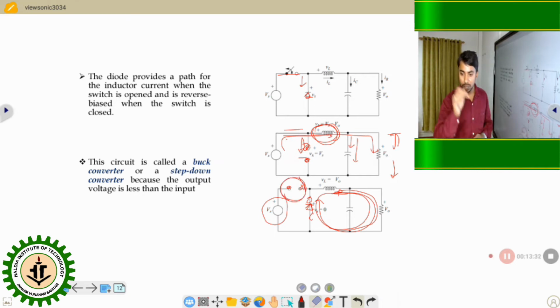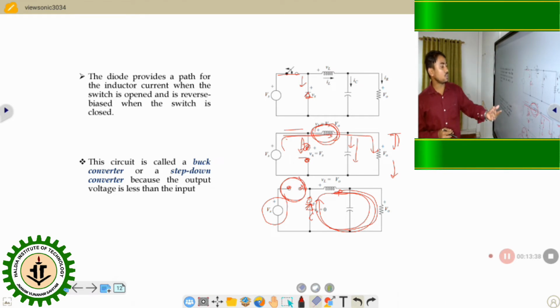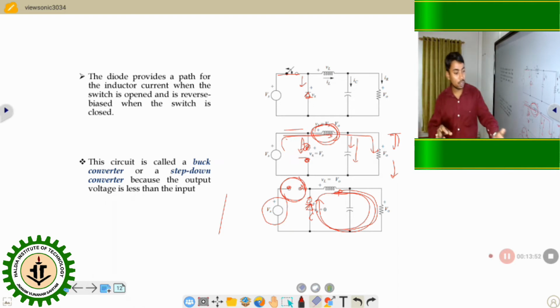This circuit is called a buck converter or step down converter because the output voltage is less than the input voltage. A very simple circuit. In this lecture, we will also design a buck converter. What is the required inductor value? A minimum inductor value and a minimum capacitance value are required, and also the minimum frequency for a particular voltage.